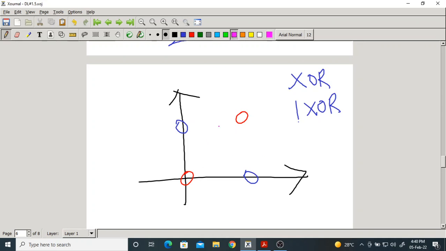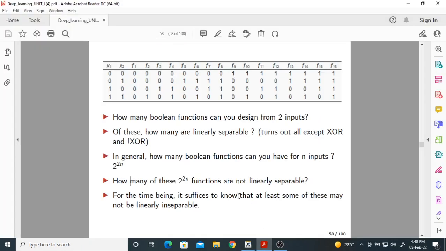You try drawing like this, like this; no. So except these two, the remaining 14 Boolean functions are linearly separable. Only two are not linearly separable.